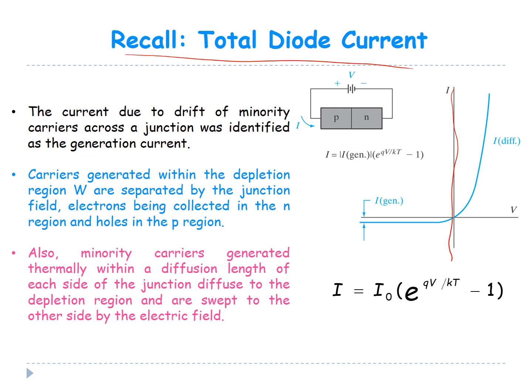If you apply a positive voltage with respect to the P side of your p-n junction, which we call forward bias, you find that current increases with increasing voltage, and the reason for that is because of diffusion.